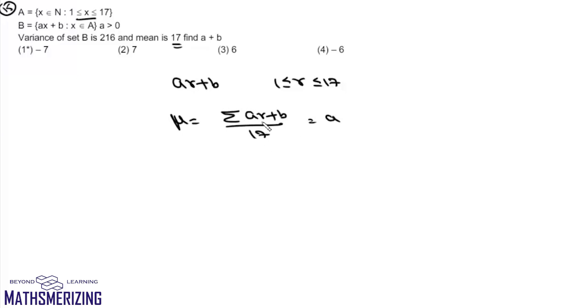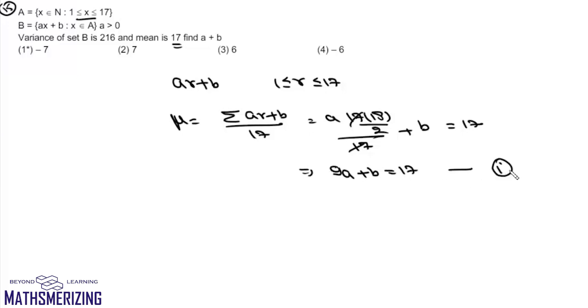So it'll be A, and then summation R. Summation R is 1 plus 2 plus 3 up to 17, so it'll be n plus 1 by 2 upon 17, and then plus B, and this value is equal to 17. So here 17 will cancel. We'll get the first equation as 9A plus B equals 17, and this is our first equation.